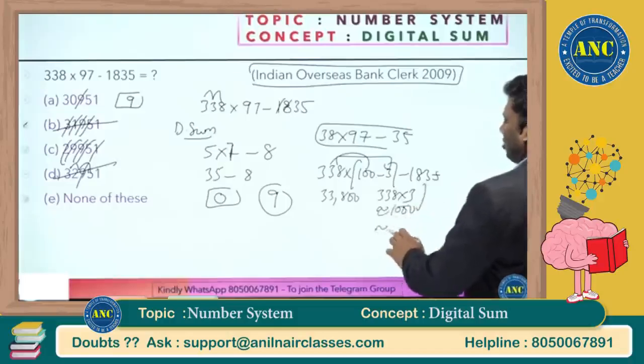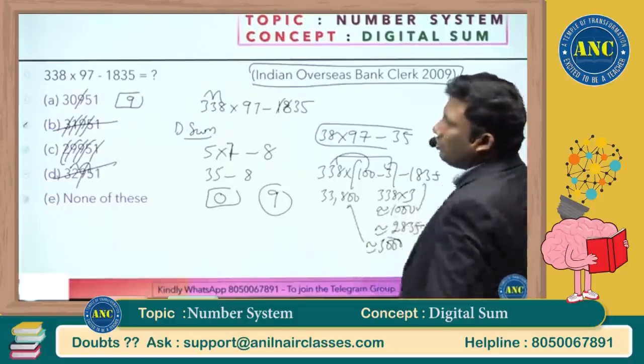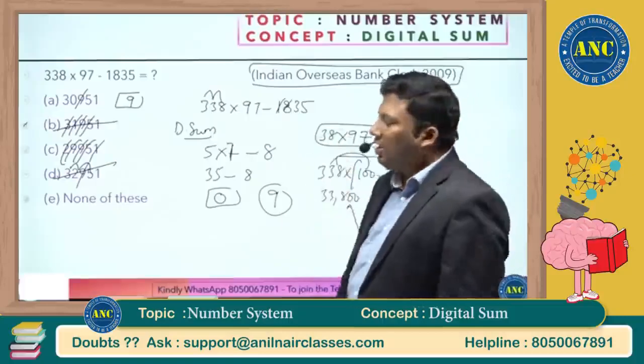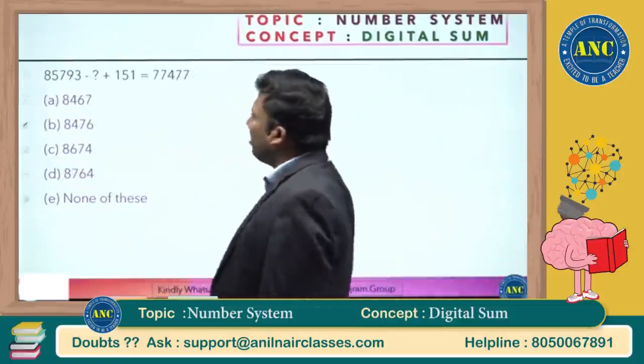So 2,835 is closer to 3,000. Answer should be closer to 30,000. Answer is 30,951. If you are stuck, anyway it is there.